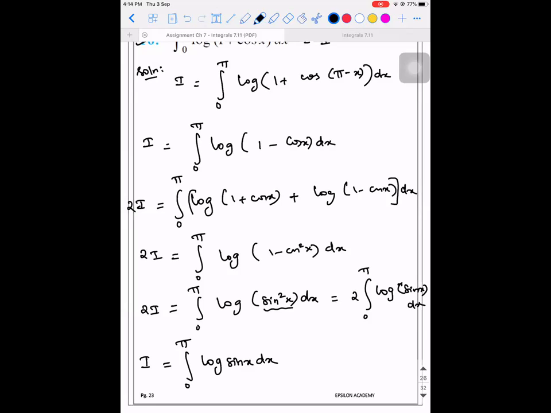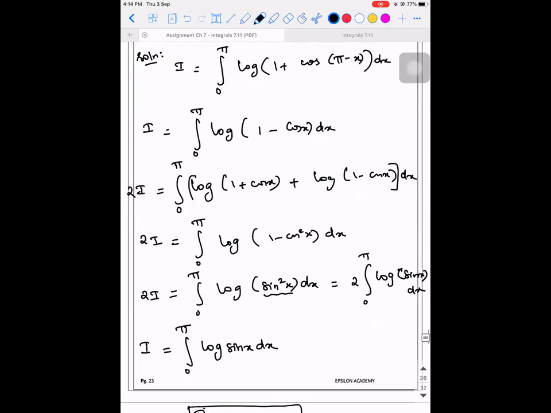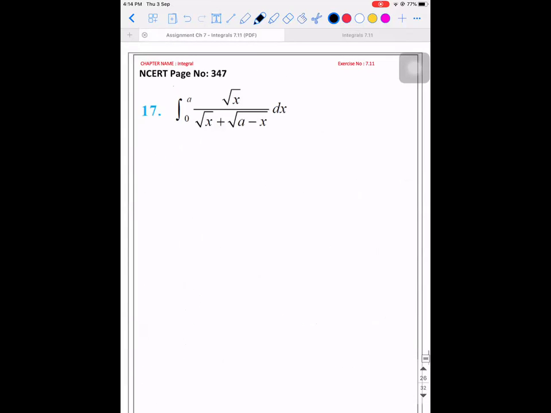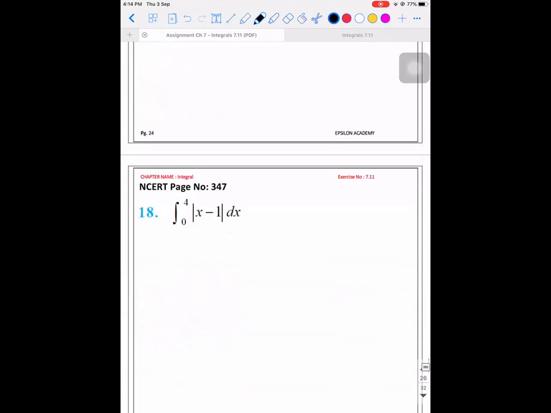Done? Yes, sir. Okay. So this is problem number 16. 17 also I gave as homework. So 17 also, a minus x will give you the answer.